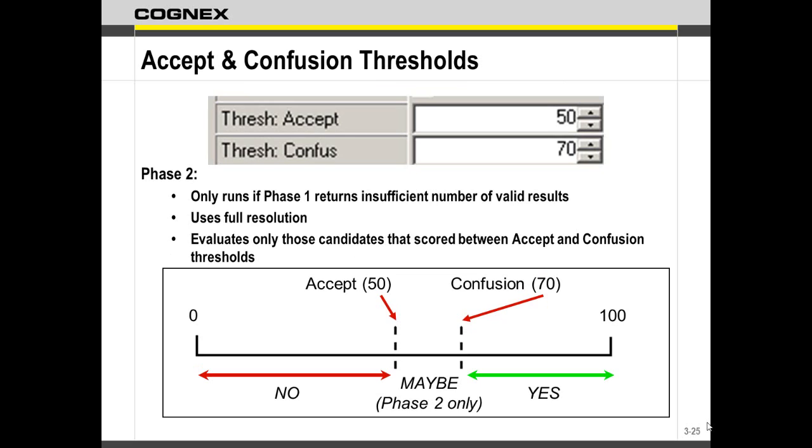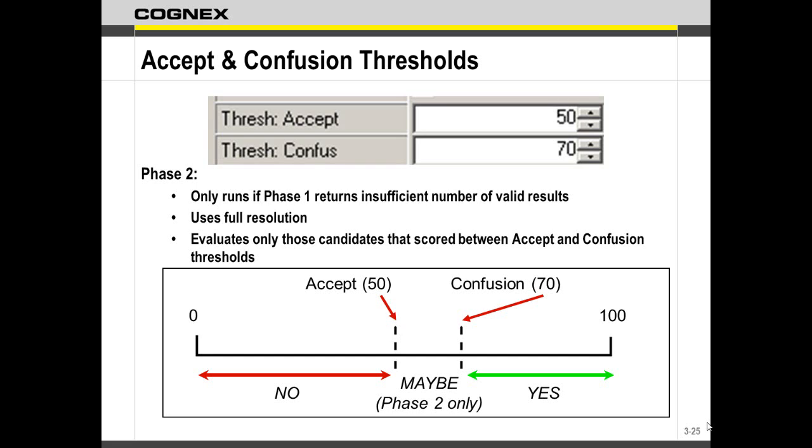This time it's going to be running at full res mode, and it's going to only take a look at candidates between the confusion and acceptance. So we're trying to speed it up a little bit by saying, hey, if you're over confusion, don't bother. Otherwise, it's only going to look in that area right there, and it might bump the score. Because now it's saying, let me take a little closer look. Yeah, this might be a little bit higher of a score, so it might adjust them.